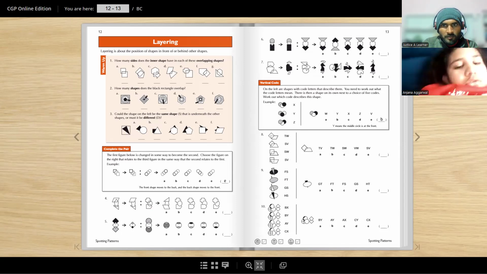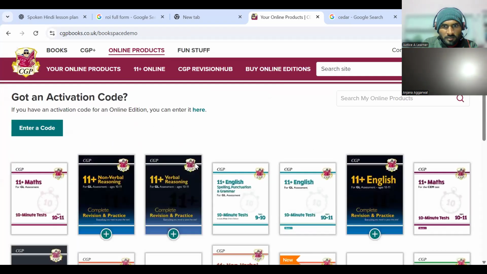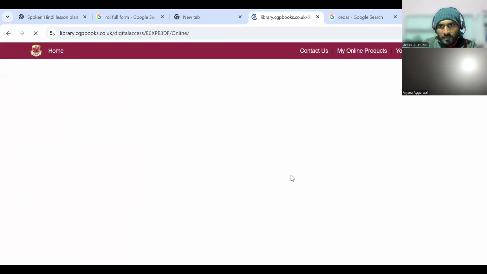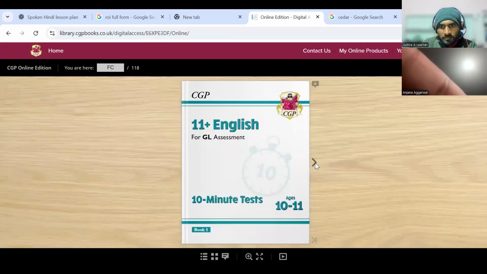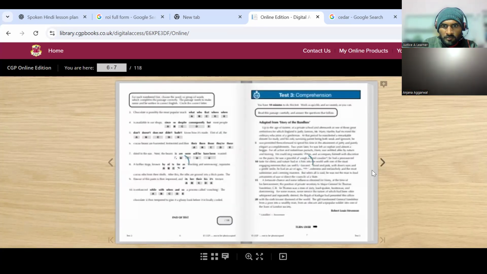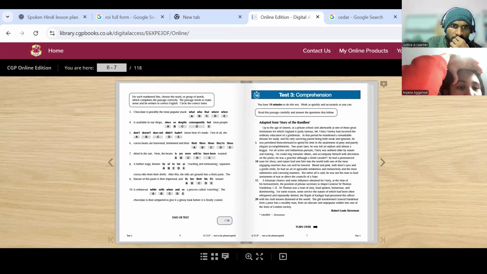And one more thing, that is for English. In this, you'll be trying one of the exercises. In English, have we done any tests? Two tests. We've done two tests. Test 3?